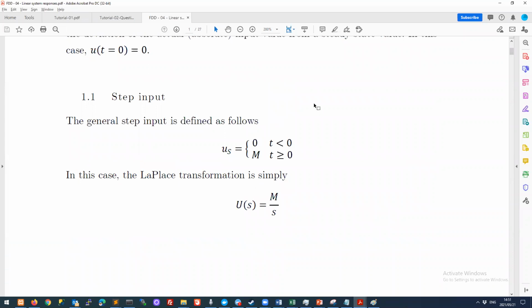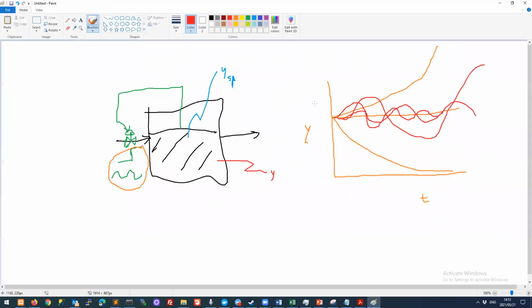If you apply a step input, let's see, where's our drawing here? Let's say we were just graphing what we were doing in terms of flow rate. So you have Q in, and you've got time here.